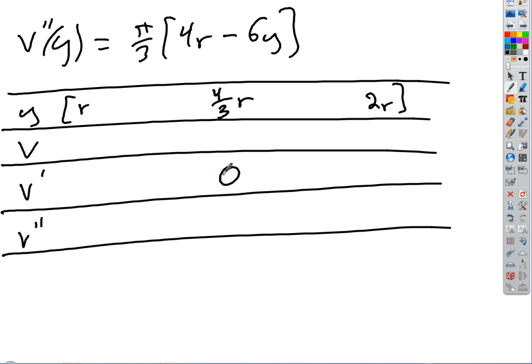Here's where that second derivative really pays off. If I plug 4/3 R into the second derivative, is it gonna give me back a positive or a negative result? 4R minus 6 times 4/3 would be 8, so clearly 4R minus 8R is negative.